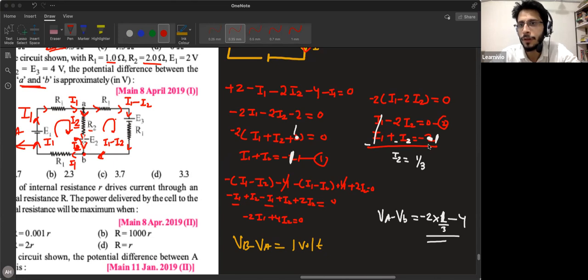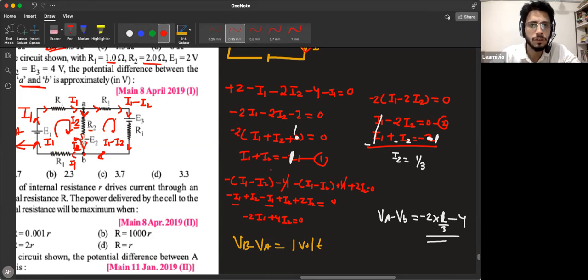So it will be minus 3I2 and this is minus 1, 0 minus 1. Yes, written. Yes.